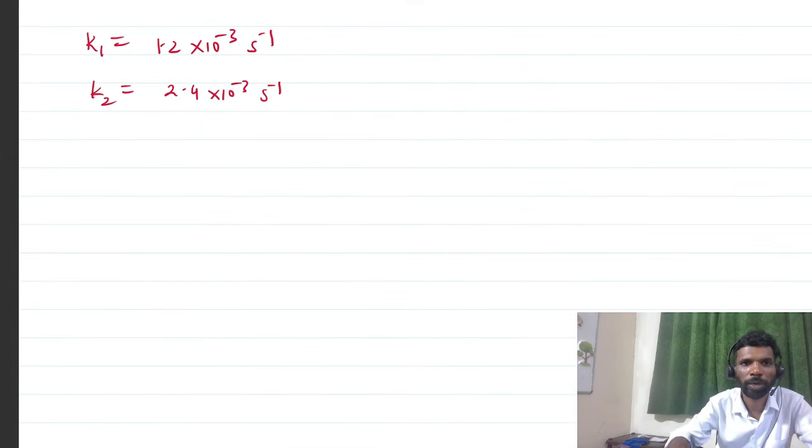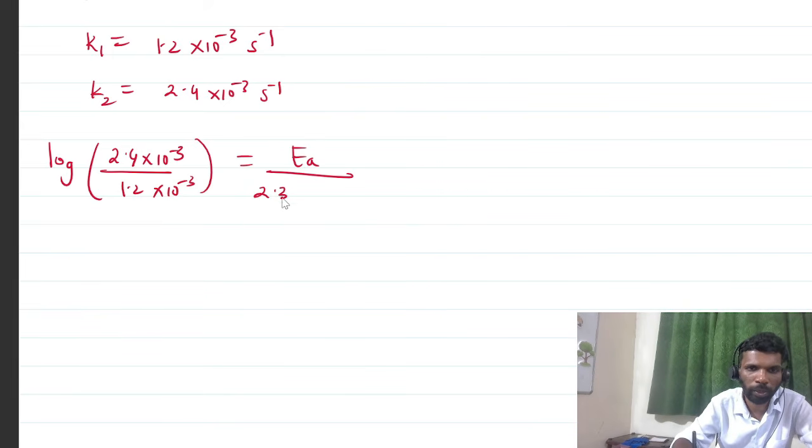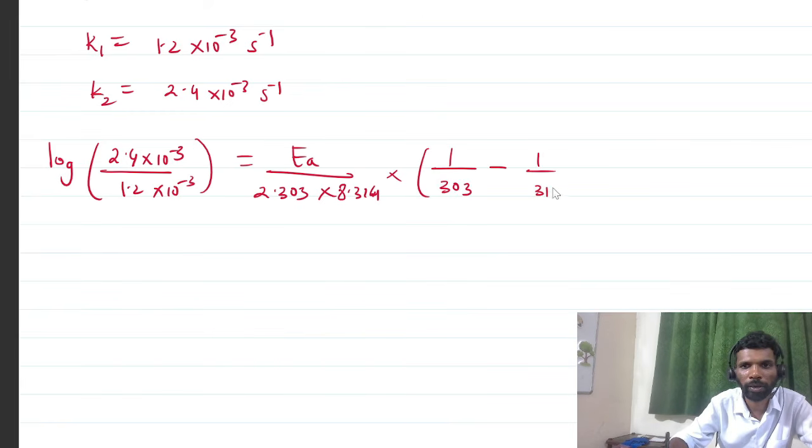So I'll substitute: log of K2 by K1 is log of 2.4 into 10 raised to minus 3 upon 1.2 into 10 raised to minus 3. EA we need to find, this is 2.303, R is 8.314, and 1 by T1 is 303, and T2 is 313 Kelvin.